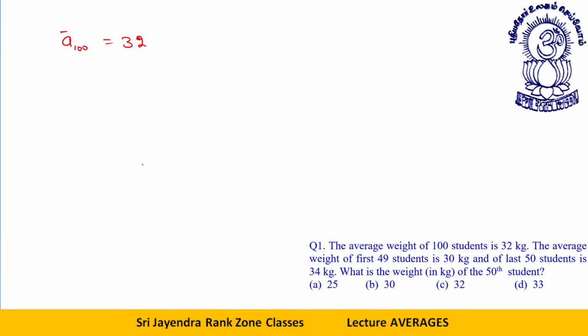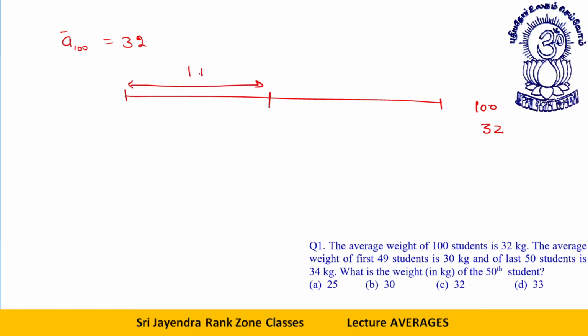How to do it? See, let's say these are 100 students, and their average is 32. From here we have 1 to 49. This is the 50th value. From here we have 51 to 100.